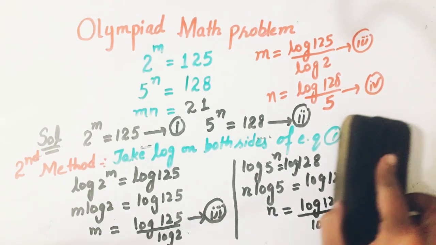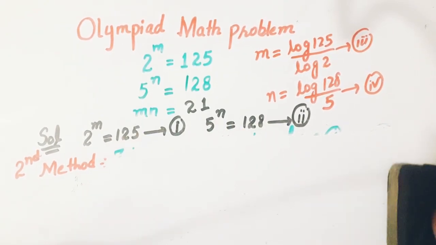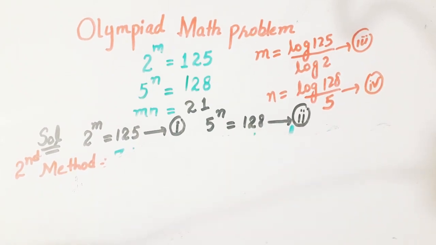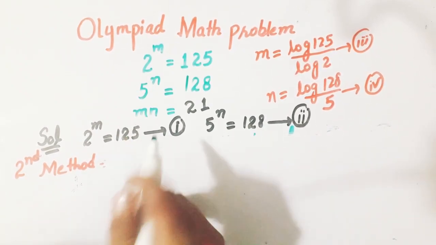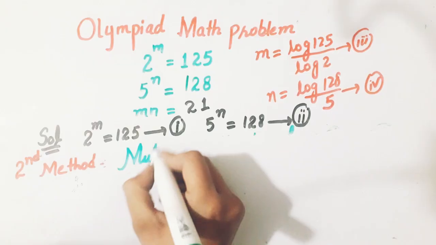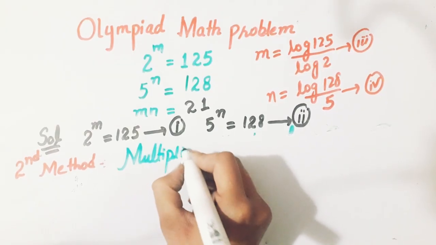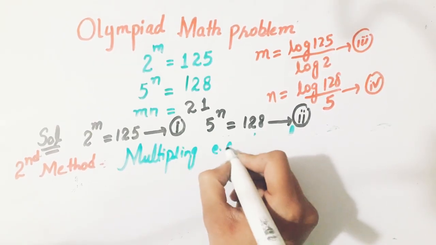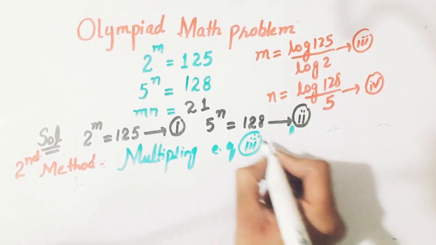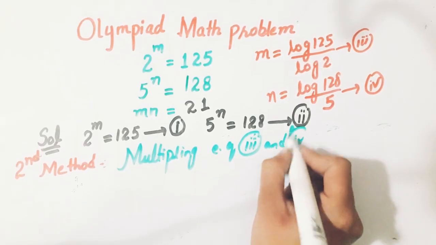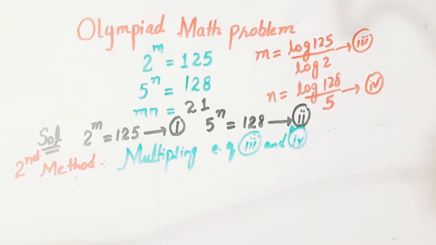Now we will continue this process. The second method is by multiplying equation 3 and 4. So what will it become?